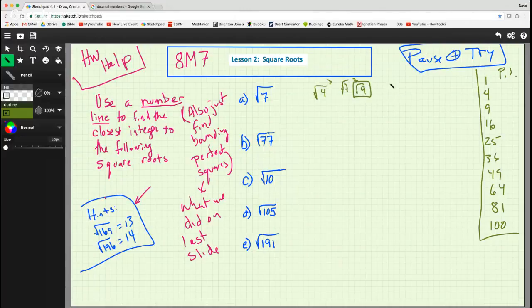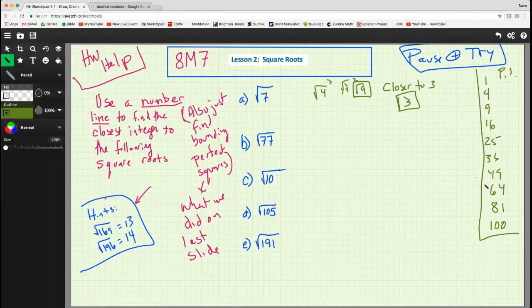And so the answer is closer to 3. So we're going to guess 3. Now, normally, because this is a little bit closer, I might go back and use that other method, using the calculator. But again, if I have to use the number line, I'm going to guess closer to 3.